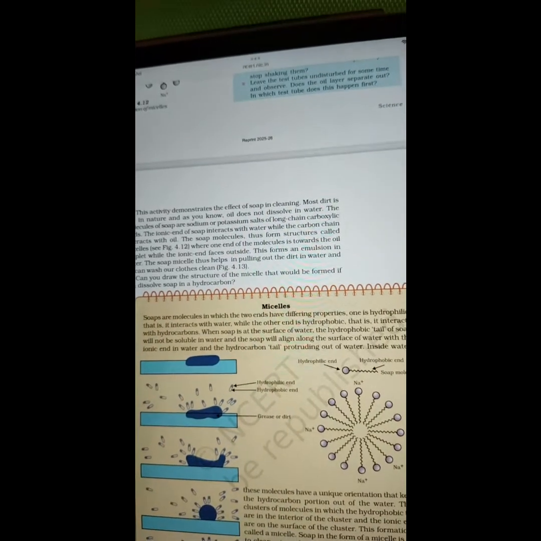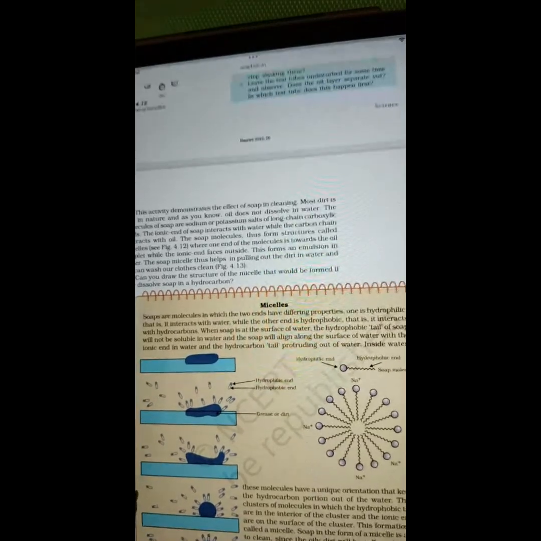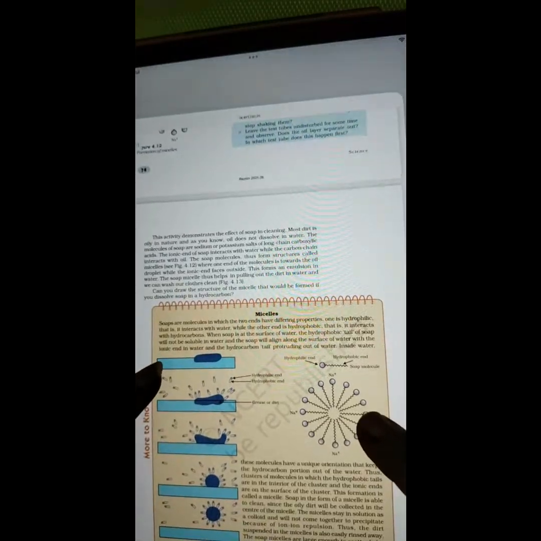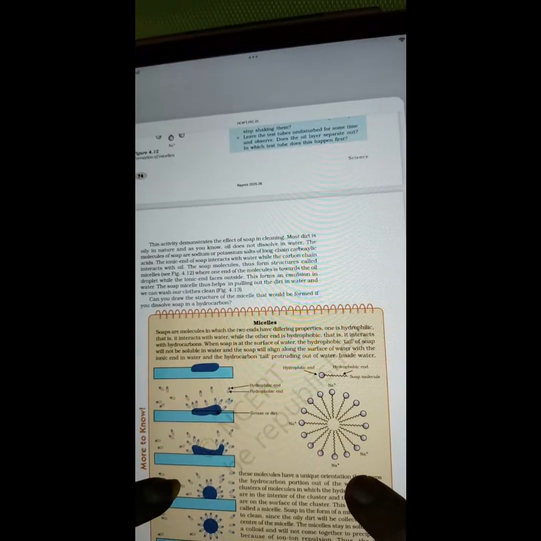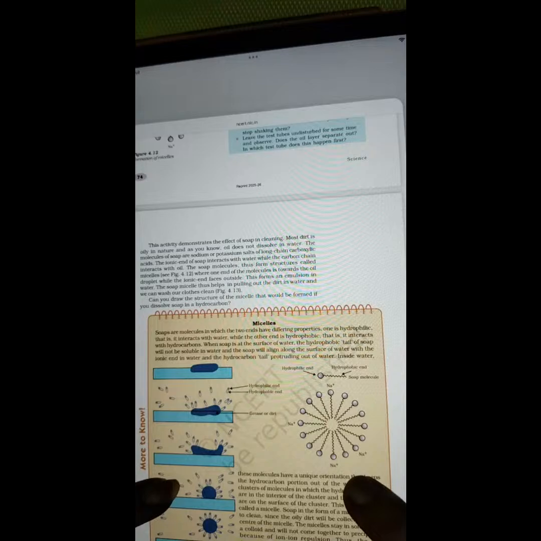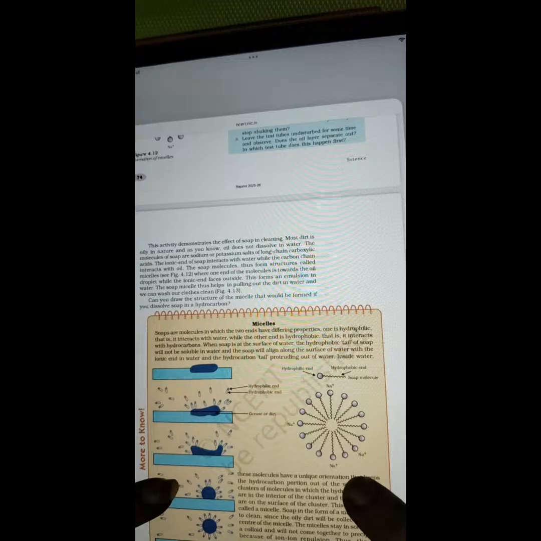The next heading is micelles. Soaps are molecules in which the two ends have different properties. One is hydrophilic, that is, it interacts with water, while the other end is hydrophobic, that is, it interacts with hydrocarbons.